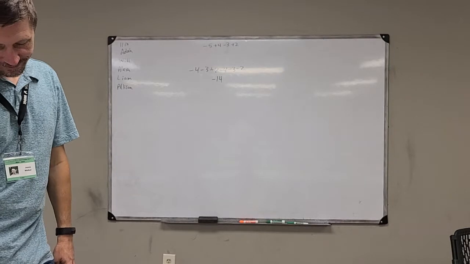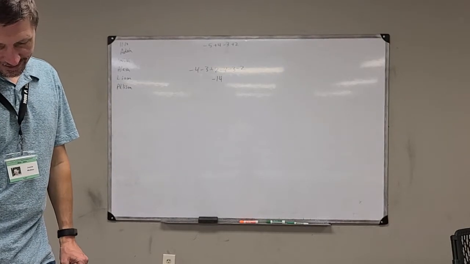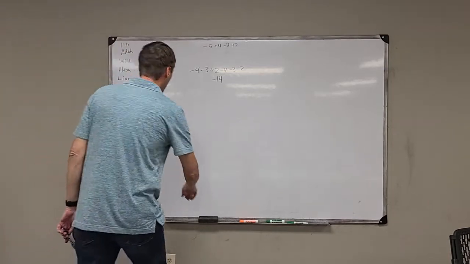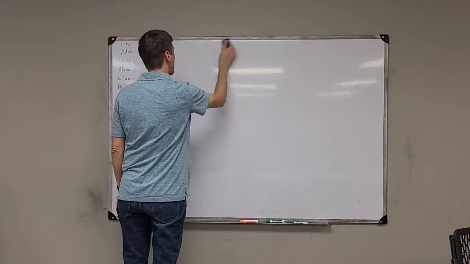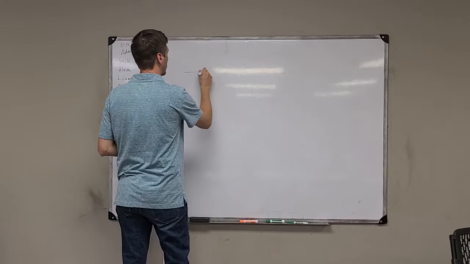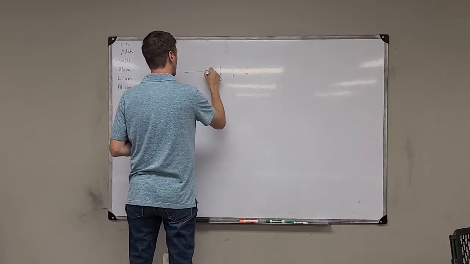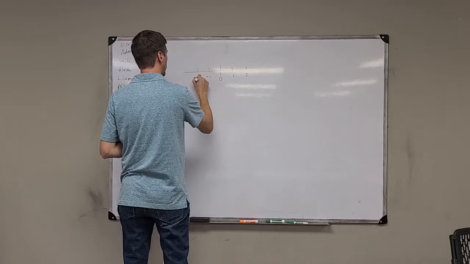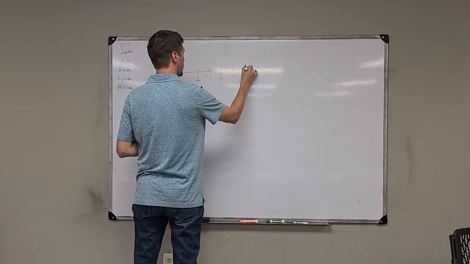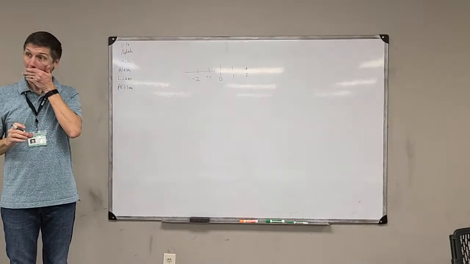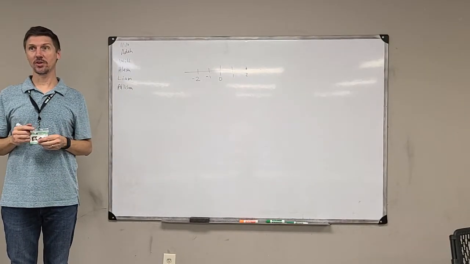All right. So anyway, the opposite of a number. We should know this concept, but if we have a 0 here, 1, 2, negative 1, negative 2. The opposite of 2 is what? It's not a trick question.